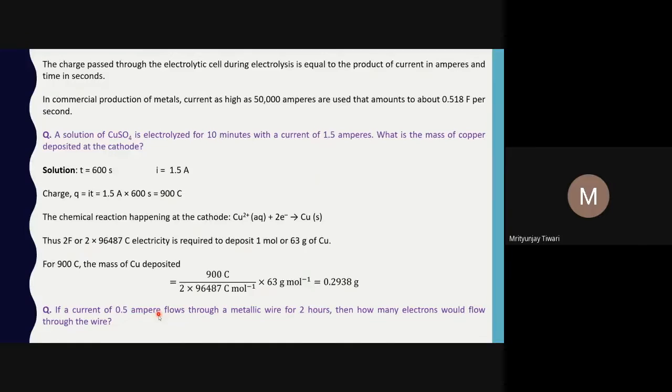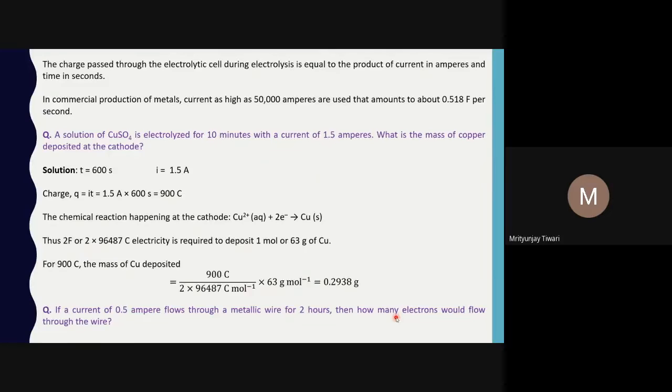With that we can calculate the amount of charge: Q is equal to I into t. Once you know the charge, you can find the number of moles of electrons, because 1 mole of electrons carries 1 farad charge. If you divide the charge by the farad constant, you will get the number of moles of electrons.